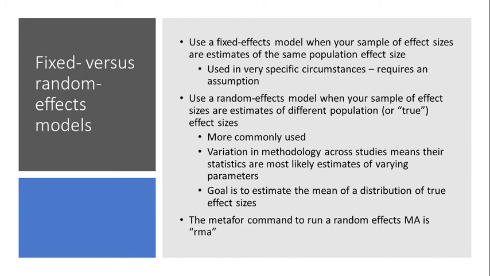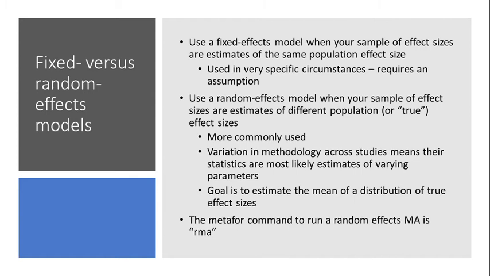You only use a fixed effects model when your sample of effect sizes from the studies you found are estimates, or you're assuming that they're estimates of the same underlying population effect size. So you're assuming that they are all estimates of one thing. However, that assumption is really easily broken, because if you imagine different studies using different methodology, slightly different participant groups, there's a million things that can change across studies that are looking at ostensibly the same thing.